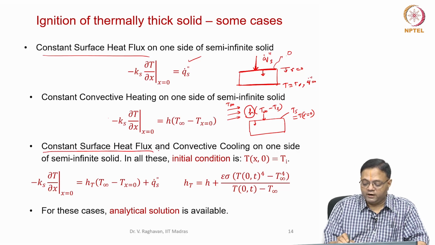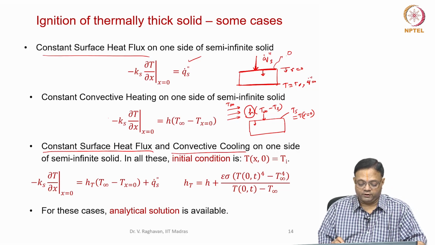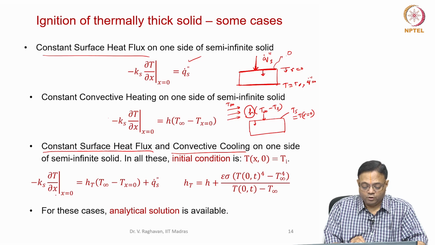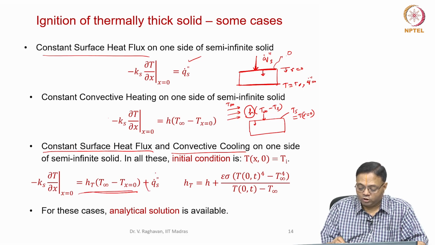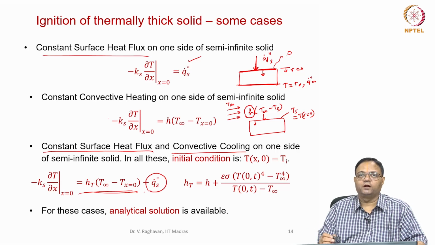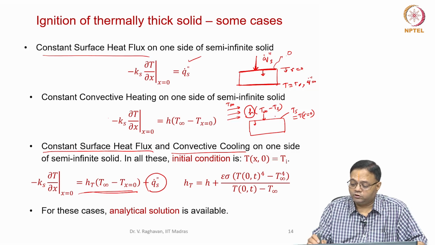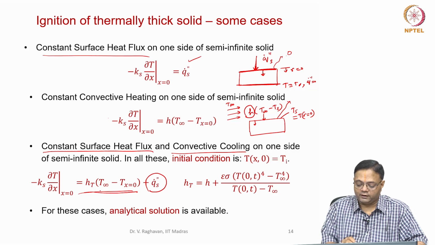Here constant heat flux, convective cooling on one side occurs. Okay. Now, here there is a constant heat flux which is coming in, a combination of these two, let us say. See, one more thing is, there can be some cooling also which can occur, that also can be taken into account. In this case, basically I have two things.